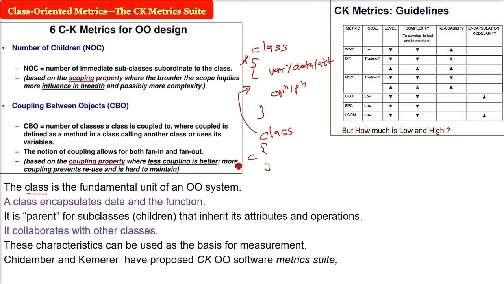Chidamber and Kemerer have proposed the CK object-oriented software metrics suite; C comes from Chidamber and K comes from Kemerer. We'll see six class-based design metrics for object-oriented systems. We'll see one by one what they are saying, because there are six different ones in this suite.